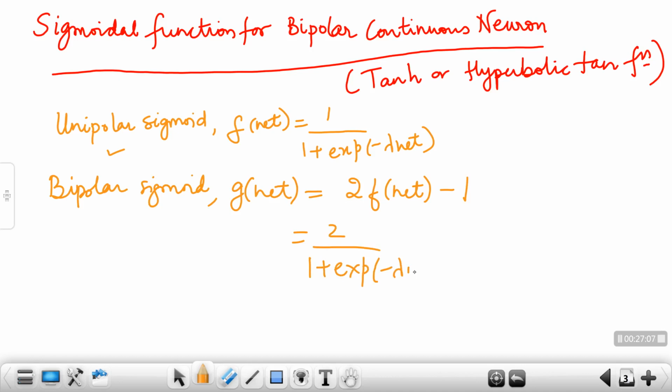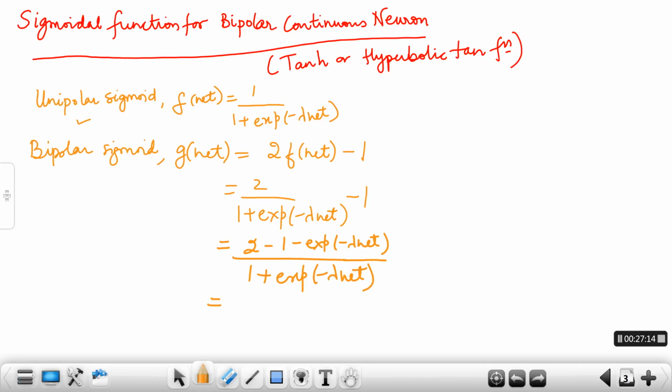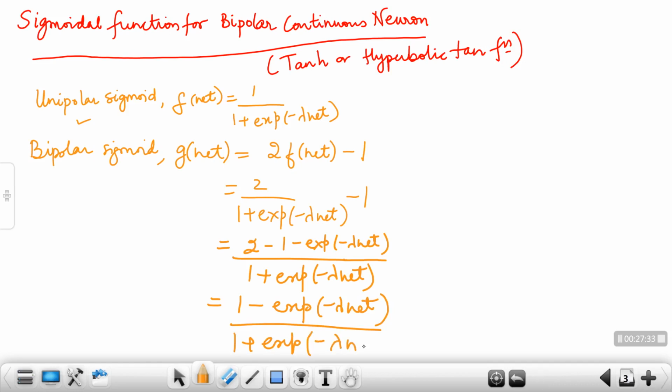You all can do it along with me. Now if you just simplify the mathematics, you will get this. So the equation is of this form. Please don't get confused.